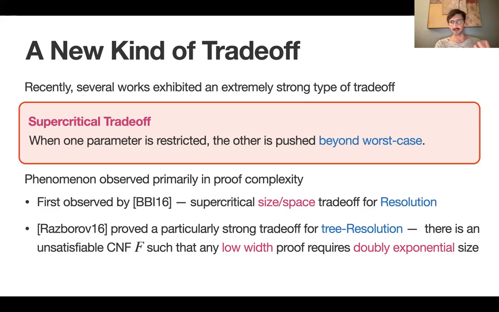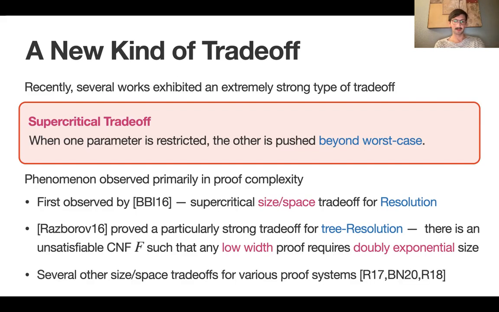He showed if you take tree-like resolution and you restrict the width that it's allowed to use, then there's a CNF formula which requires doubly exponential size. And following this, there have been several other works that proved trade-offs between size and space, and also width and space for various proof systems.